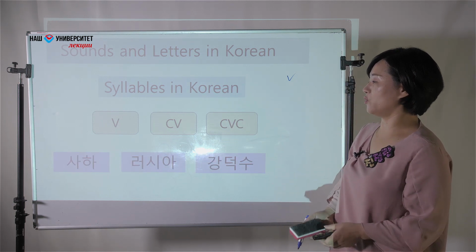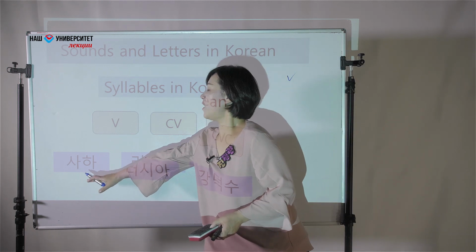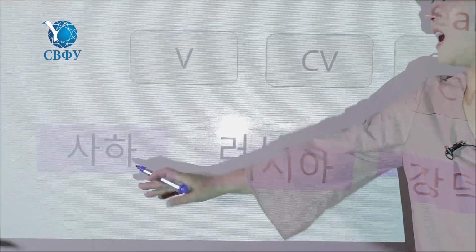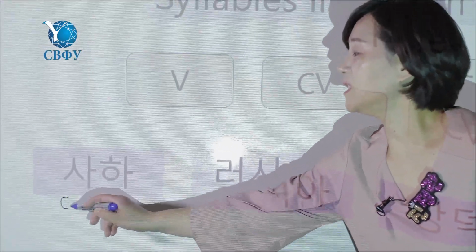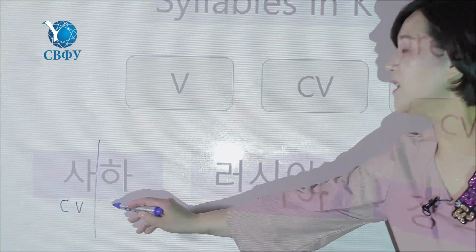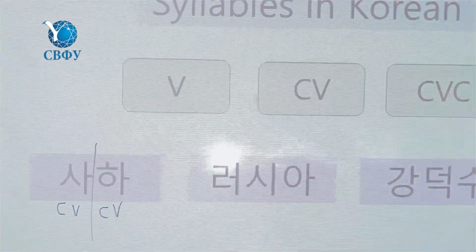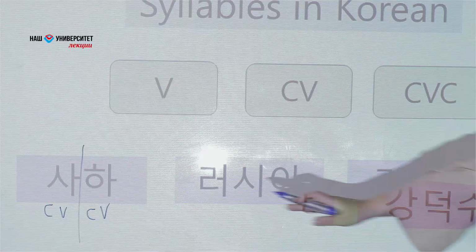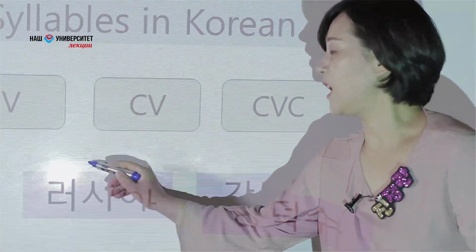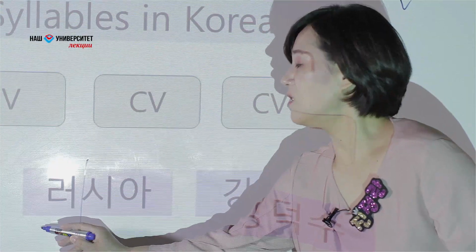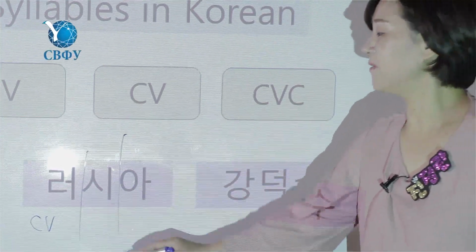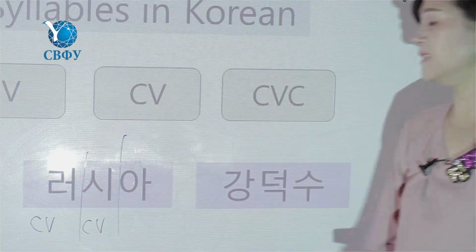Let's see the words. First one is 사하. 사, consonant and vowel. 하, consonant and vowel. Next, Russia. 러, consonant and vowel. 시, consonant and vowel.